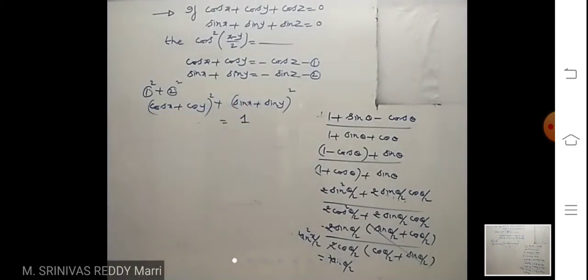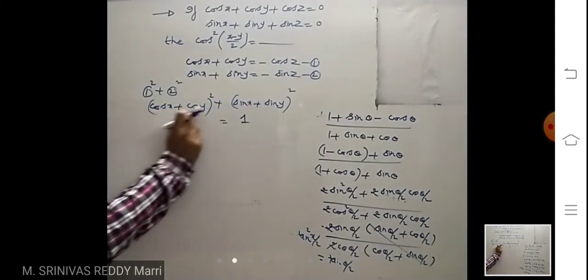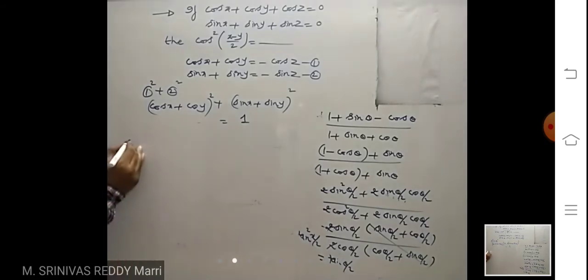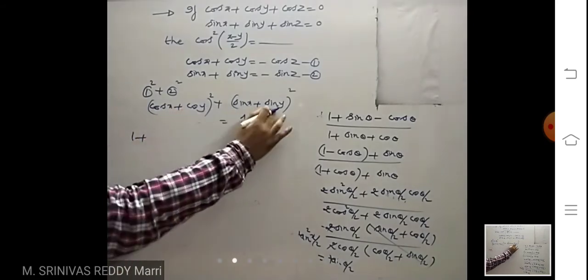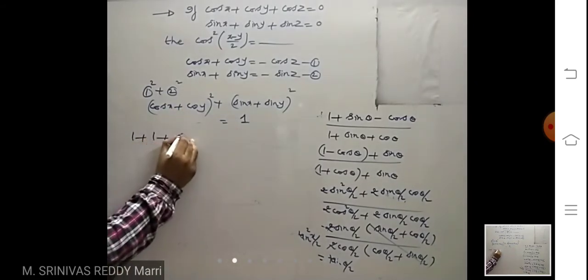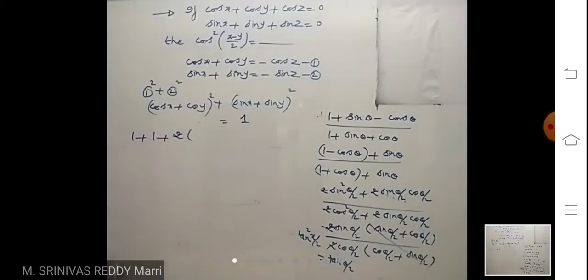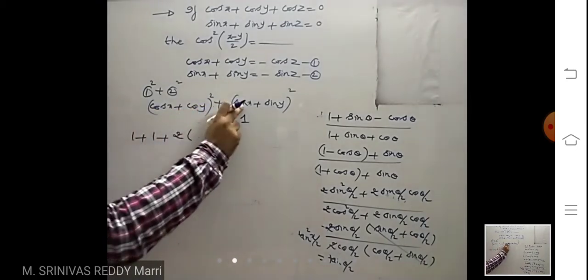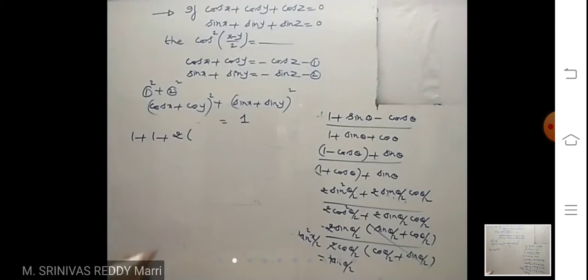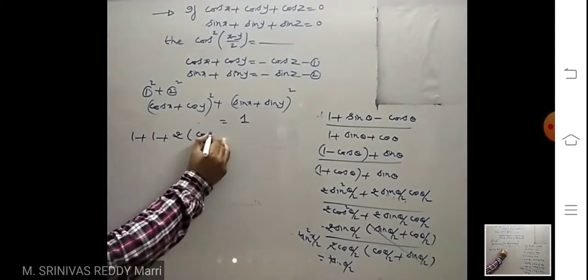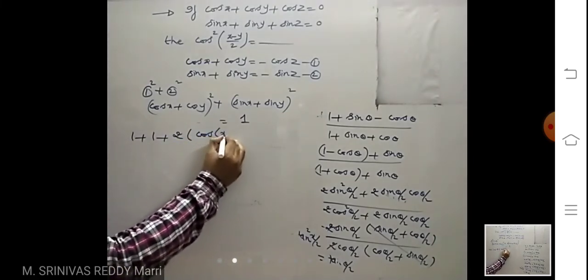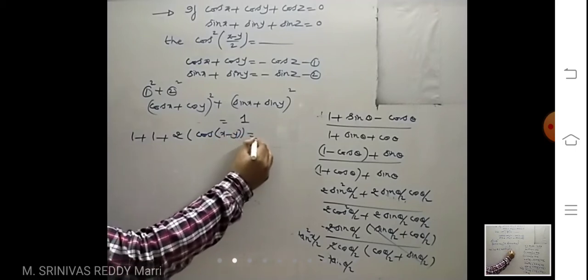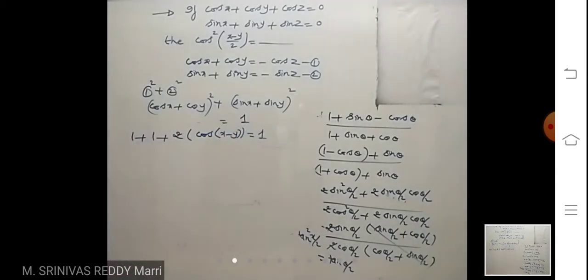Cos square x plus sin square x is 1, plus cos square y plus sin square y is 1, plus 2 into cos x cos y plus sin x sin y. That is cos a cos b plus sin a sin b, from the compound angles rule. What is that? Cos of a minus b.